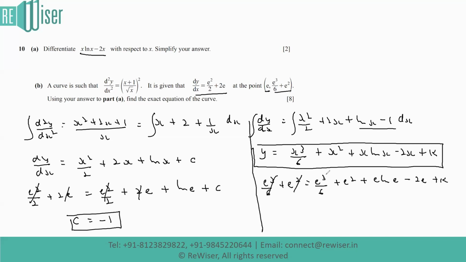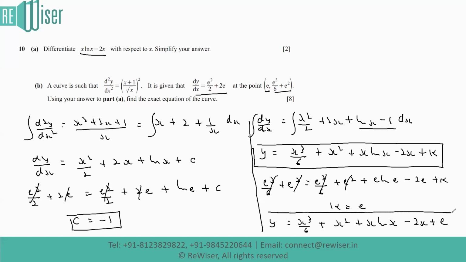So these two parts get cancelled from both sides, and we get the value of k as positive e. So the final equation that we got is y equals x cubed over 6 plus x squared plus x ln x minus 2x plus e. So that's the final answer for the equation of the curve for this particular question.